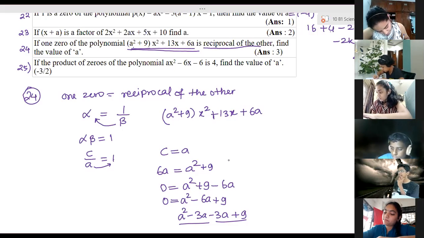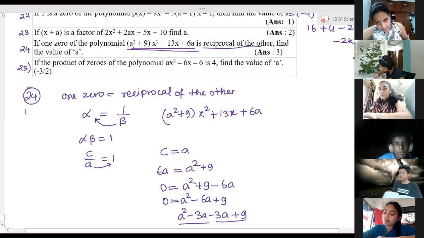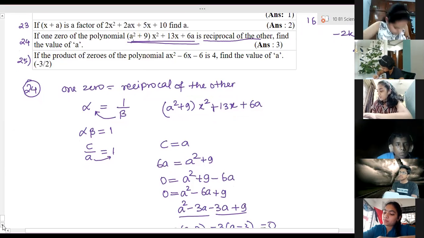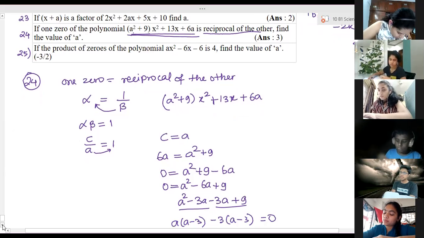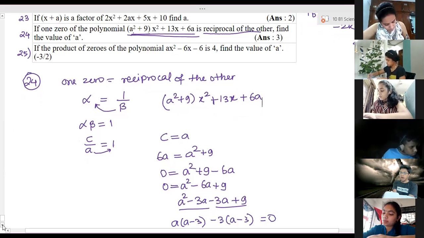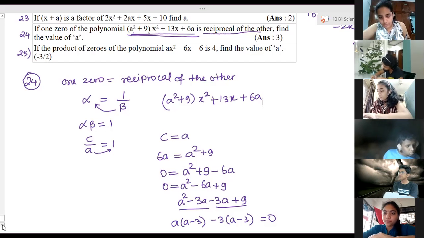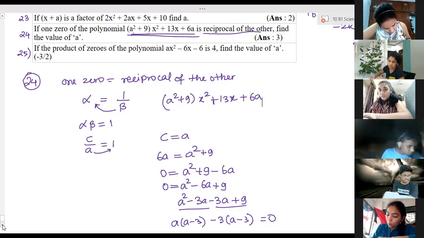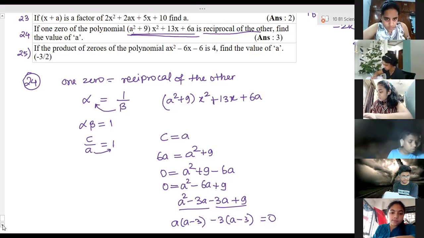Done, ma'am. Scroll down. Let's solve the 25th, 26th. Product of the zeros is 4. Alpha beta is 4. So what is alpha beta from the equation?